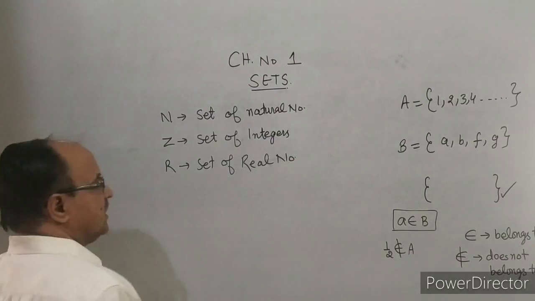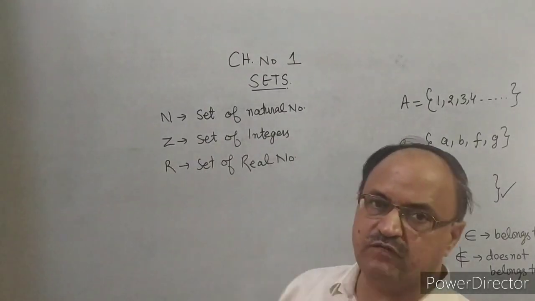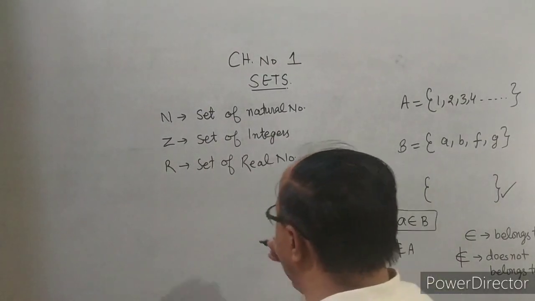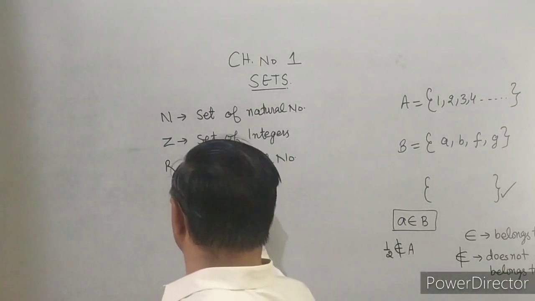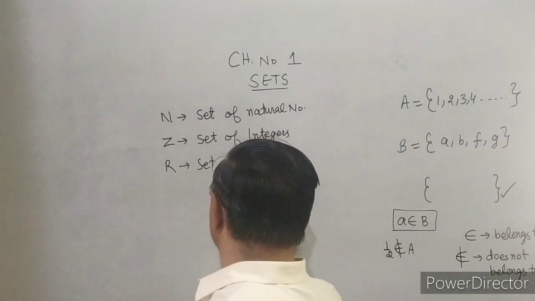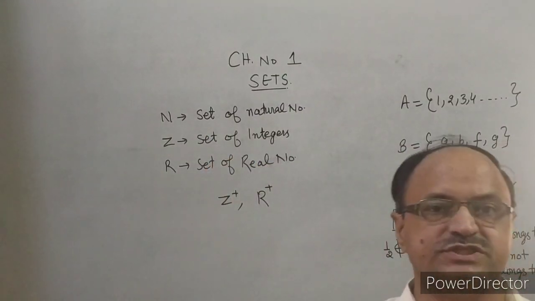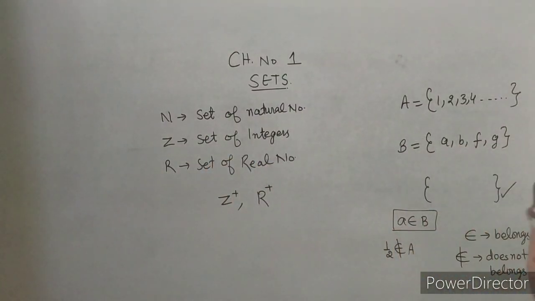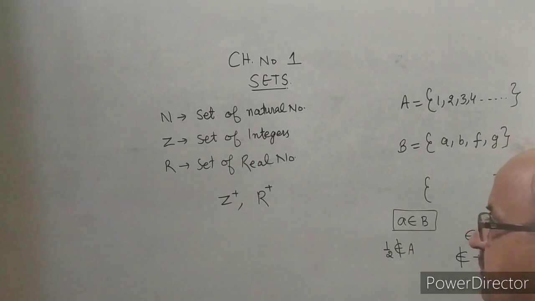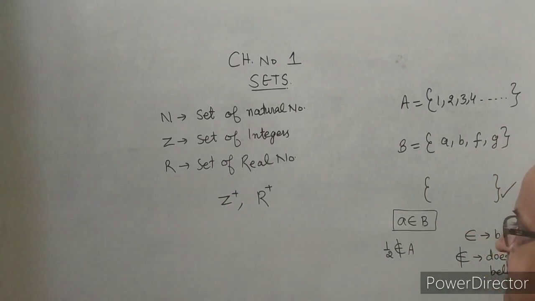Clear? And Z positive means the set of positive integers. R positive means the set of positive real numbers. These symbols we use in sets.